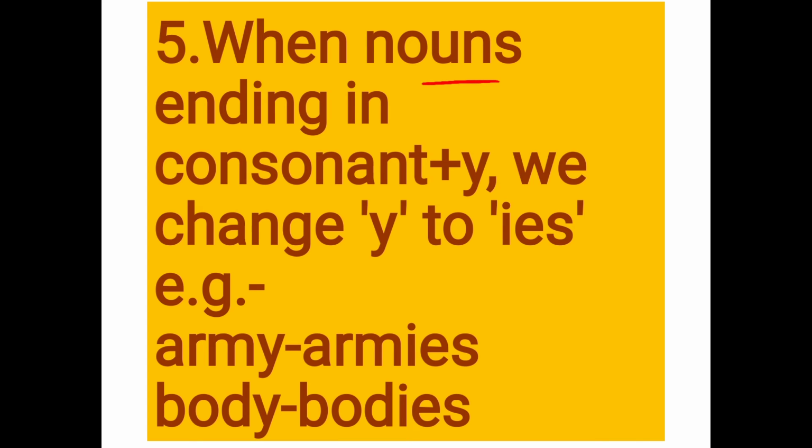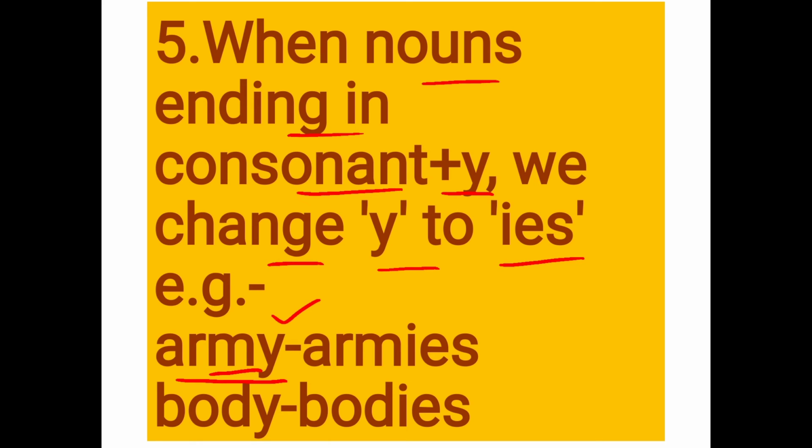When nouns end in consonant plus y, we change y to ies. Let us understand this rule with the help of examples. Army. Dear students, you can see that this noun is ending with y, but before y there is a consonant.